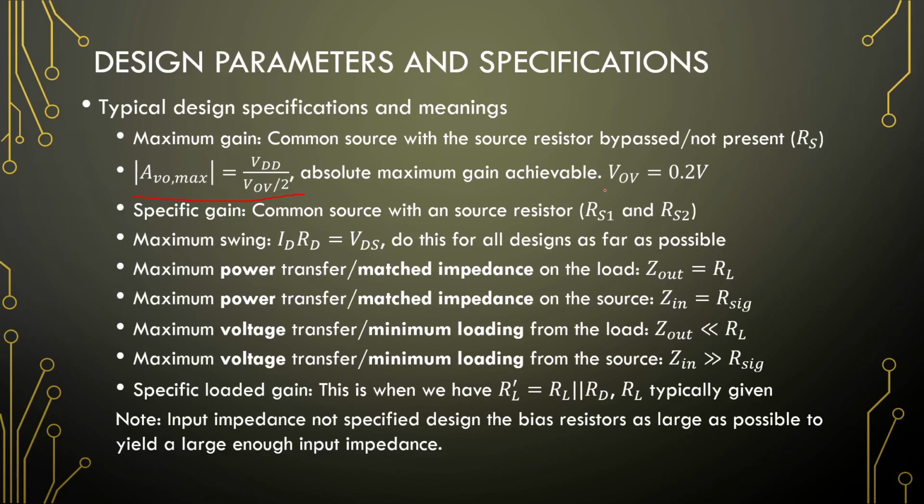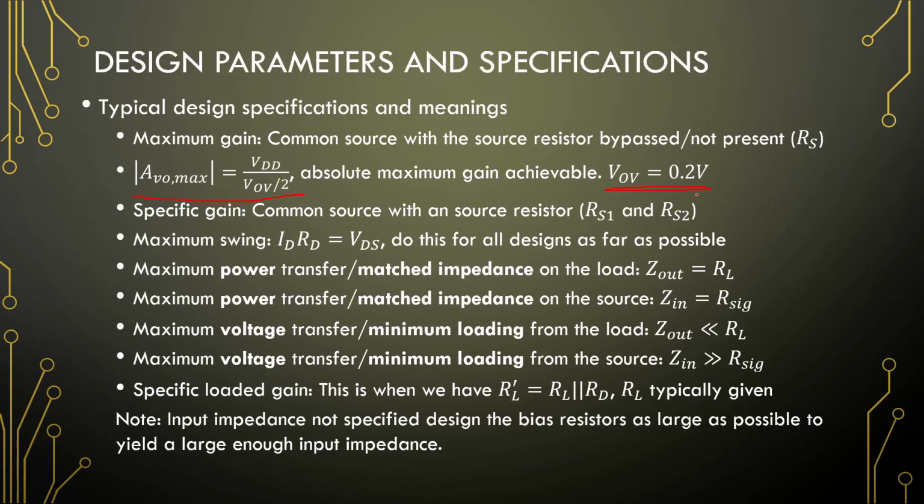So typically people will not choose overdrive voltage less than 0.2 volts for a maximum gain design like this. So your VDD times 10 roughly is the maximum achievable gain with full output swing. So that is the typical going rate for maximum gain.